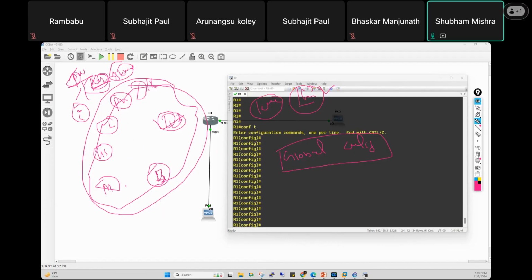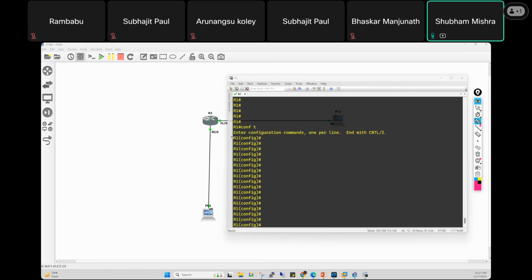Getting my point, everyone? So right now, which mode are you in? You are in global configuration mode. Whatever you configure here will be implemented overall on the router. Everyone agree?